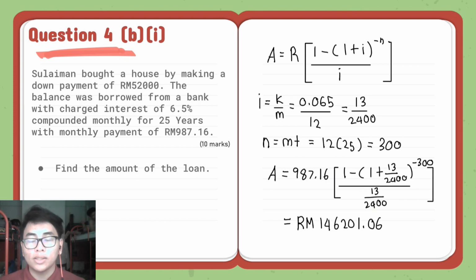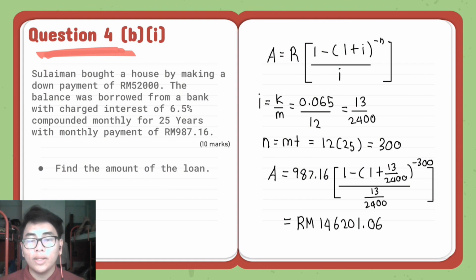So to answer this question, we need to use the present value formula, which is A equals R in bracket 1 minus in bracket 1 plus i to the power of negative n divided by i. First of all, we need to find the value of i.